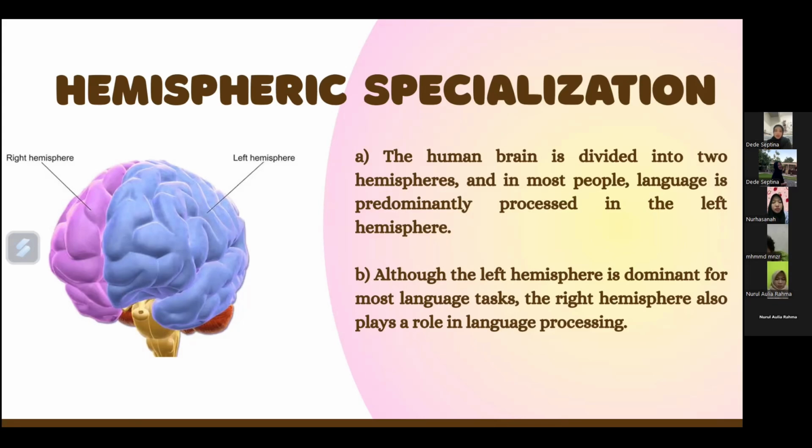Studies show that people with right hemisphere damage have trouble understanding jokes, sarcasm, and emotional tone in speech. So even though the left hemisphere is the main area for language, the right hemisphere also plays an important role in communication.